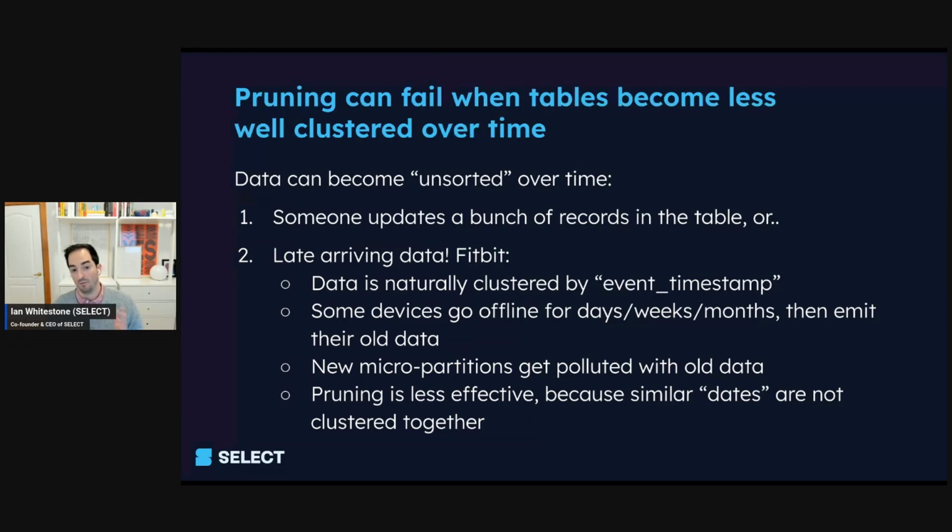What can often happen to users is they've manually clustered a table at one point in time, and then gradually over time, that table becomes not well clustered. The easiest way to think about this is your data getting jumbled or less sorted over time. There are two big cases where this can happen. One is if someone is going in and updating records in the table.